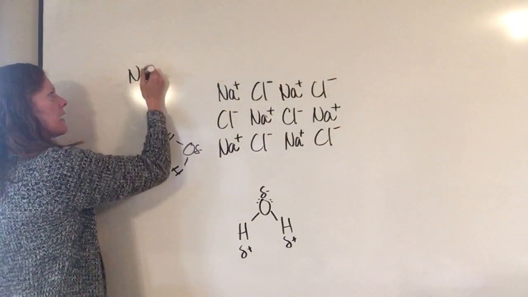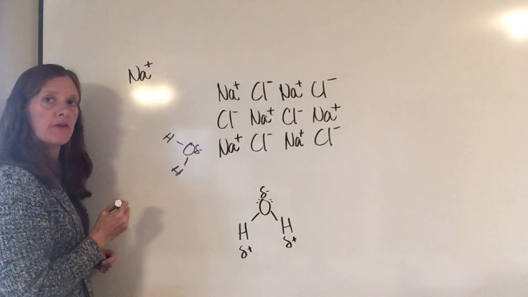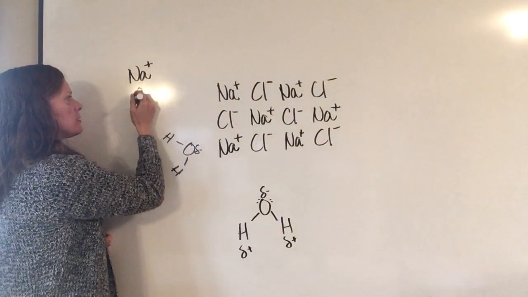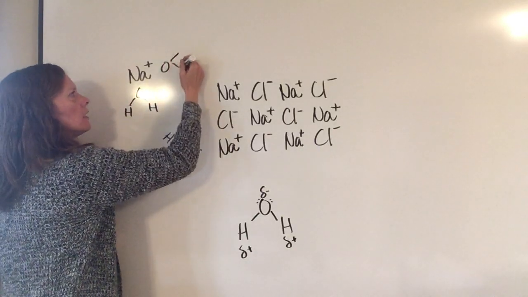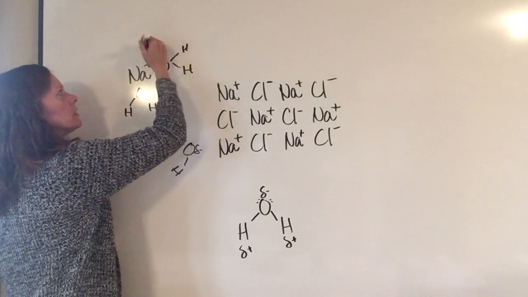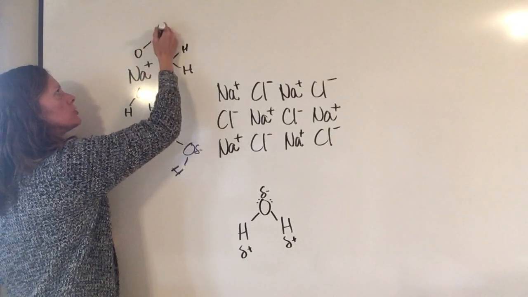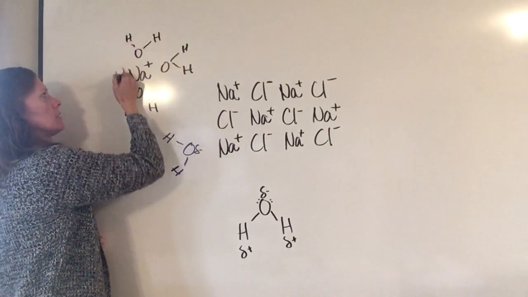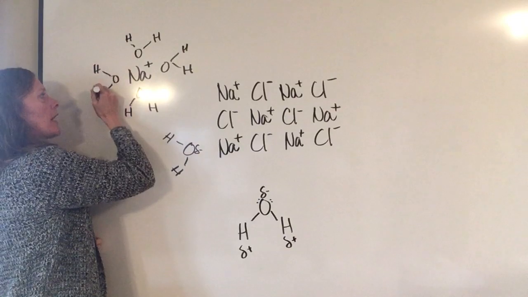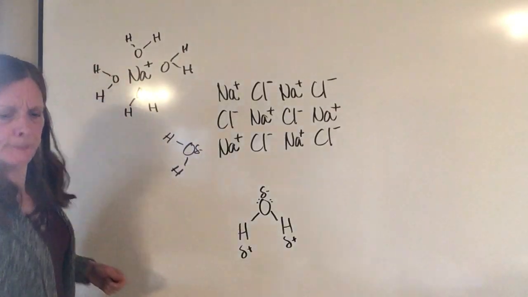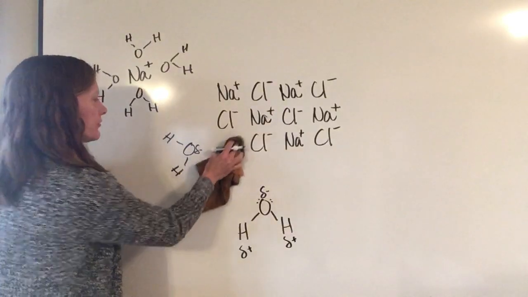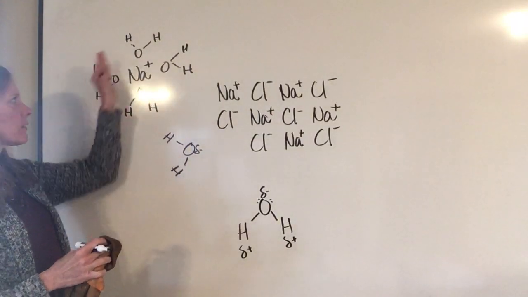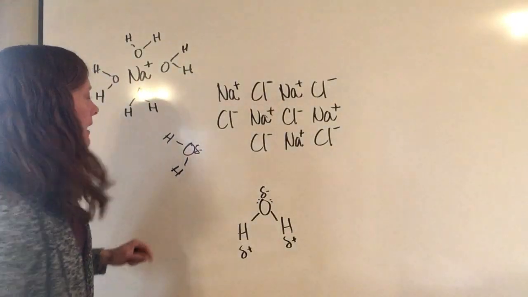Then you're going to have a sodium ion that's kind of broken off by itself, and it's going to be surrounded by water molecules that all have their oxygen pointed toward that sodium, because opposite charges attract to one another. Okay? So the water molecules have pulled this guy off of here, and then they completely surround him like this.